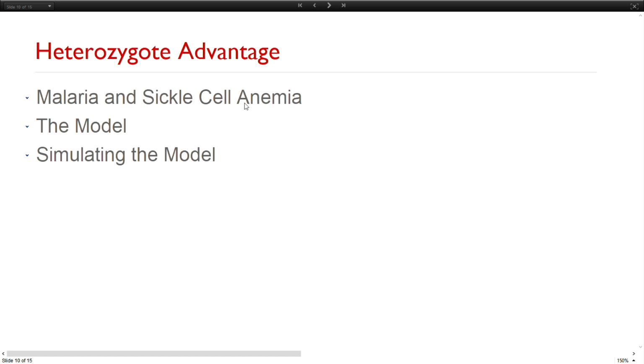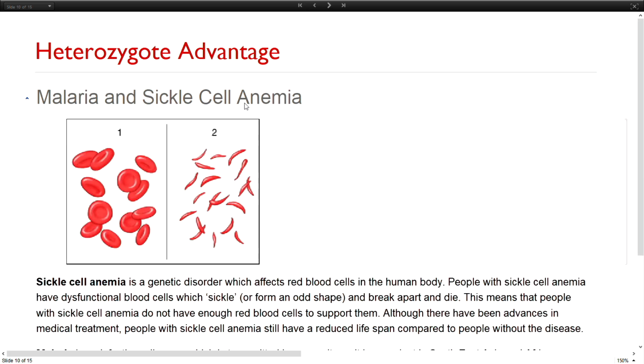And what is there to explain, you might ask? Well, malaria and sickle cell anemia are two completely different diseases. Sickle cell anemia is a genetic disease that's passed down from parents to offspring, while malaria is a disease that comes from parasites transmitted by mosquitoes.